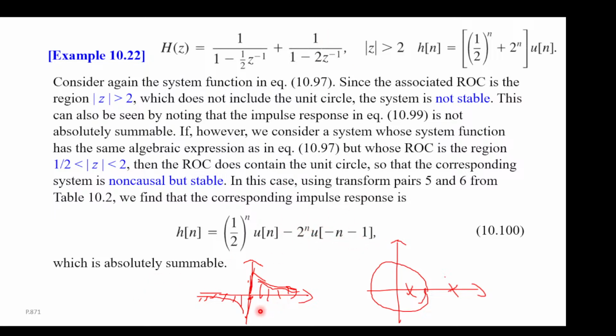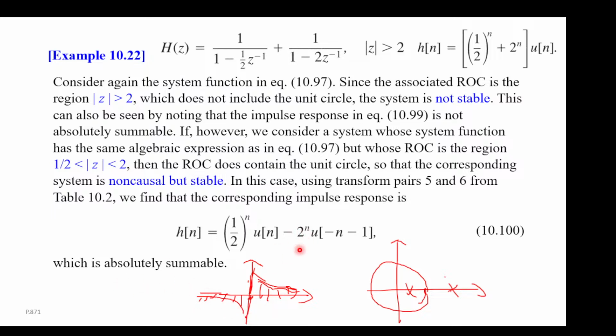If you plot this h of n, then for positive n you have (1/2) to the n, which is exponential decay. For the negative part, you have minus 2 to the n, but 2 to the n for n less than 0 is also exponential decay as n goes to minus infinity.